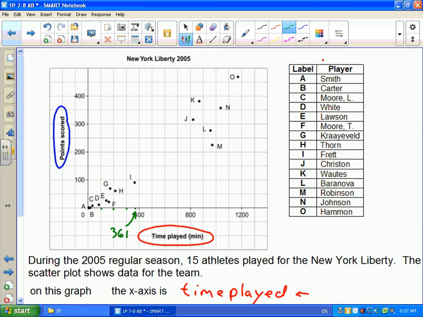So the point that we're interested in is point I, right here. And the question is asking us how many points did she score? Well, to find the number of points she scored, we have to read this off our y-axis over here. It looks like we're a little bit less than 100. So let's say she scored about 80 points.